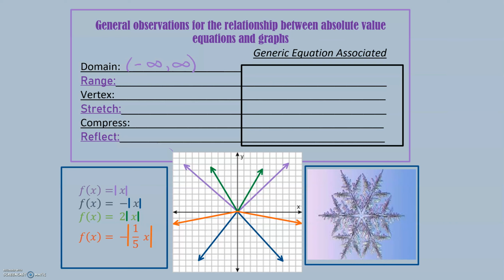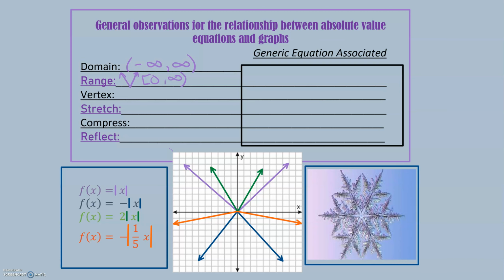Our range varies because of the direction our absolute values go. When our absolute values are positive and point up in the positive direction like our parent function, our range is from 0 to infinity because it's positive.